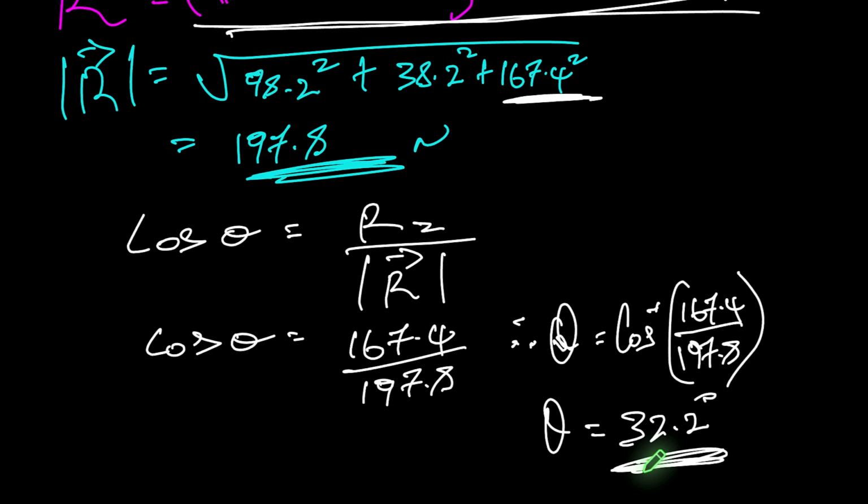If you wanted to find another axis, it would be the same thing. Let's say we wanted to find the angle in relation to the y-axis: we just do cos inverse of 38.2 divided by 197.8.